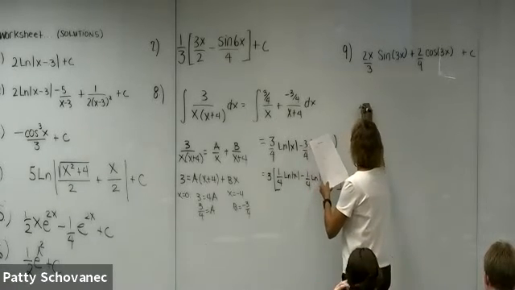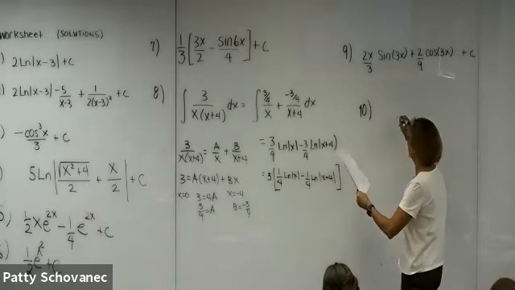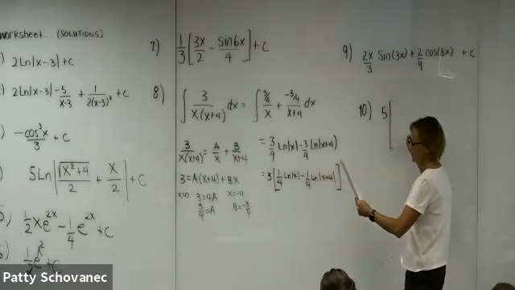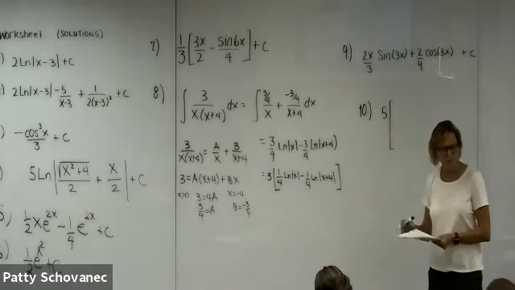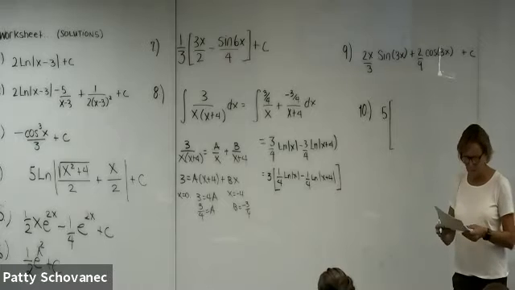Here's the answer to number 10 for those of you who've done it. We want u to be the cosine of 3x. Do you, for the integration by parts? No, not if it's a polynomial times a trig. You go u with the polynomial term.